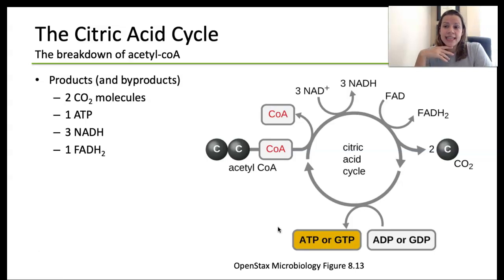And 3 NADHs, and 1 FADH2, which is just another electron carrier. These electron carriers, again, are going to be used in the next step of cellular respiration. They're really important for that last step. So we made a really small amount of ATP here, and we exhaled some carbon dioxide and released it, and then we're making these electron carriers.